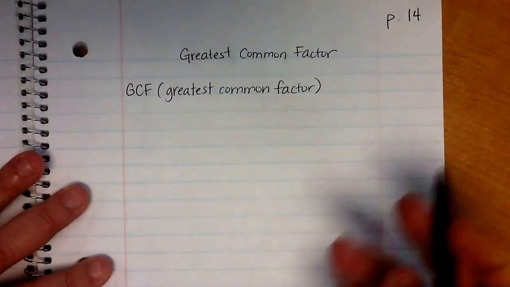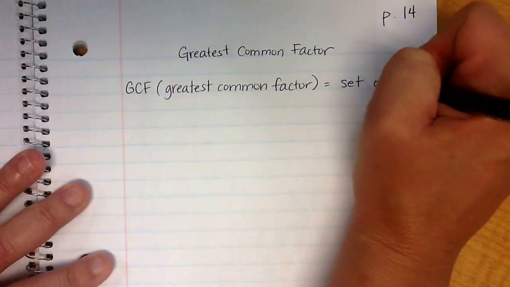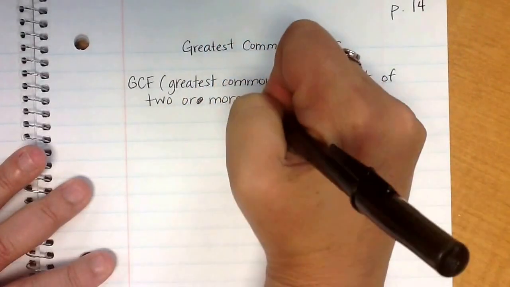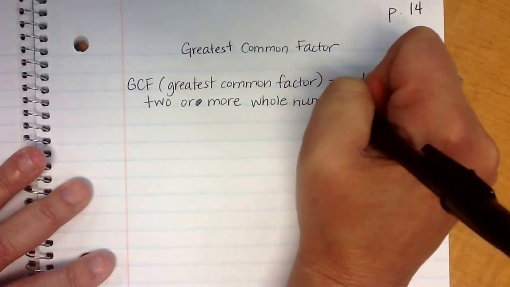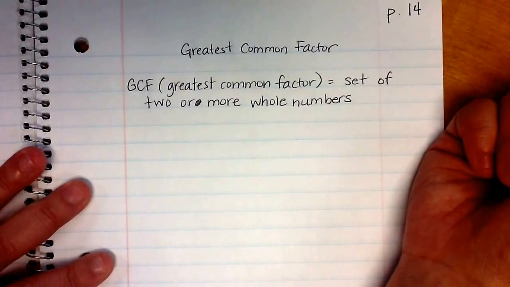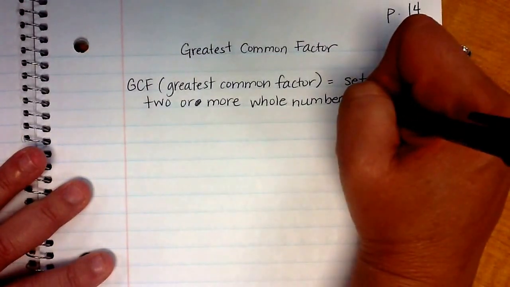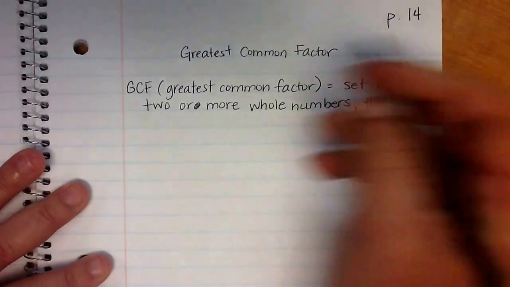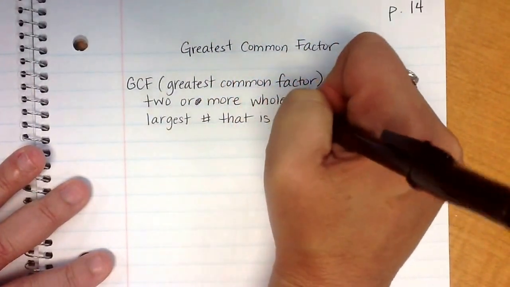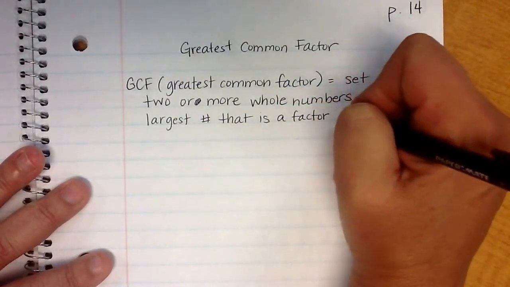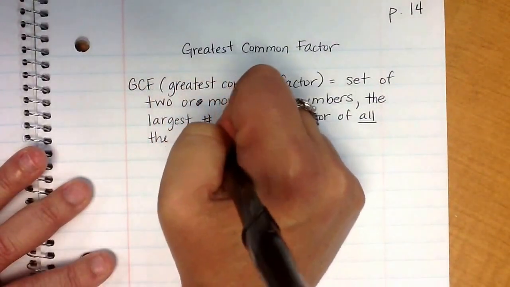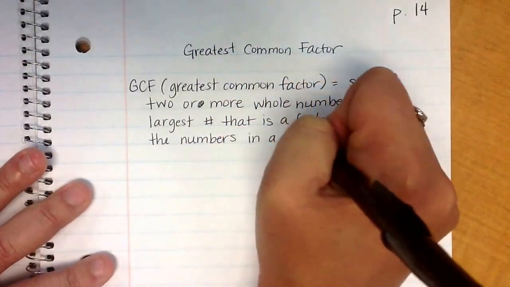Greatest common factor is a set of two or more whole numbers, or rather when you have a set of two or more whole numbers, the largest number that is a factor of all the numbers in a set. So I'll let you copy that down while I explain.